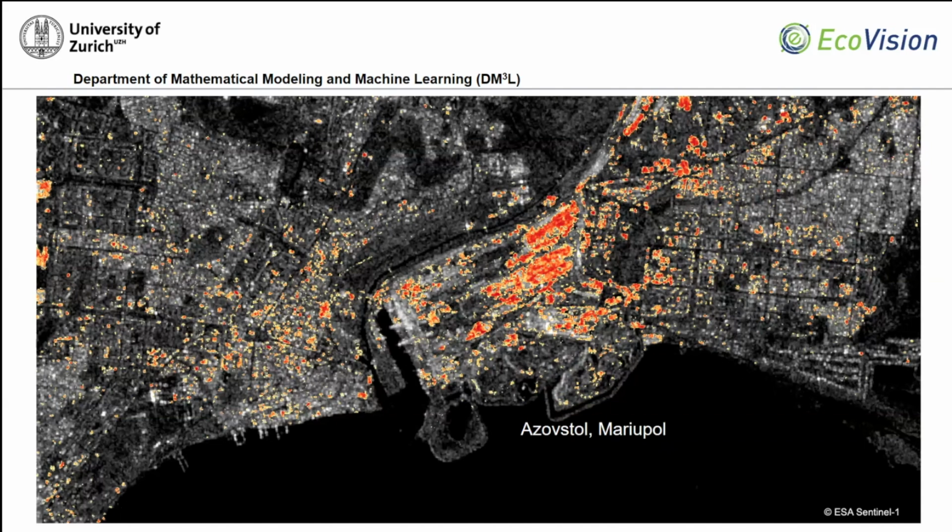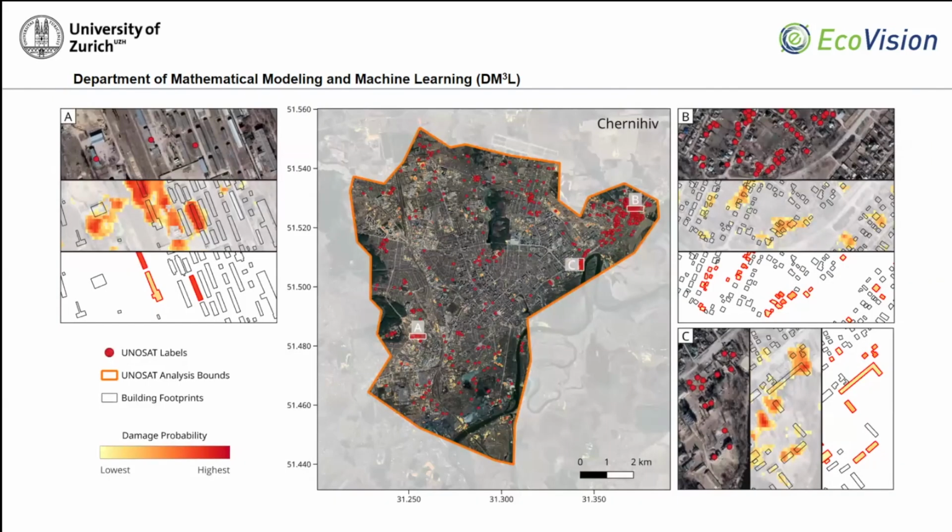This is now overlaid to one of the Sentinel-1 SAR images, but keep in mind, we take a whole time series. And this is now how the workflow goes for three different scenes, A, B, and C, that you see. So where the red dots are, we have some UNOSAT labels, so of our train and test regime.